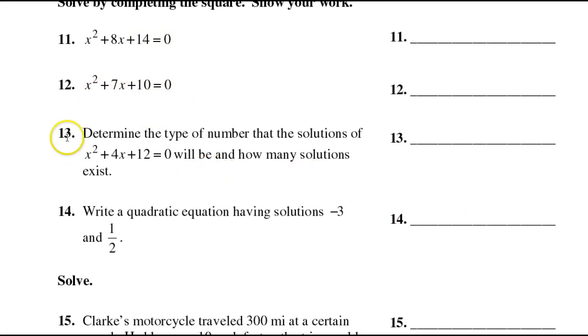Now for number 13, they're asking us to use the discriminant, which is b squared minus 4ac, to determine the type of number and the solutions of this. So our b is 4, that we're going to square, that's 16. Our formula is 4a, which is 1.